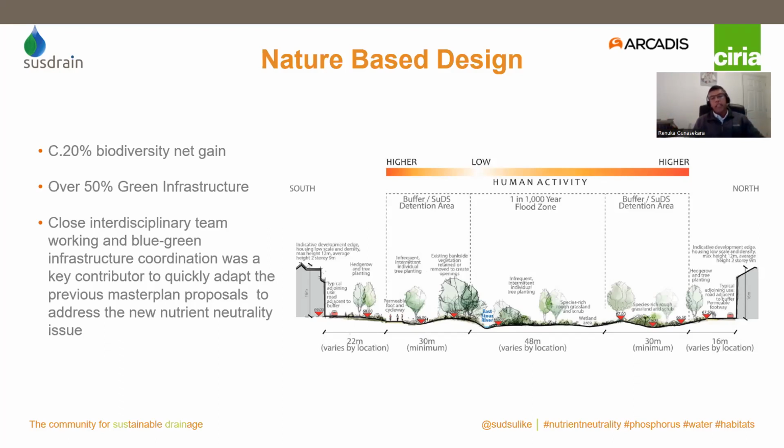When we had the additional requirement to bring the neutrality, we worked with the team and incorporated additional wetlands in the shallow floodplain, so that it can function to provide the neutrality component, working alongside the SuDS on the wider landscape.